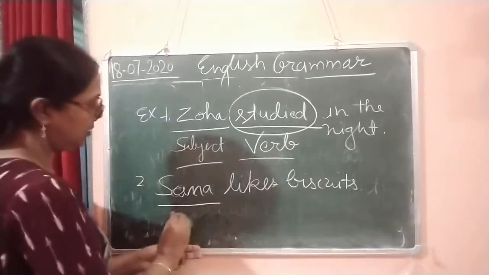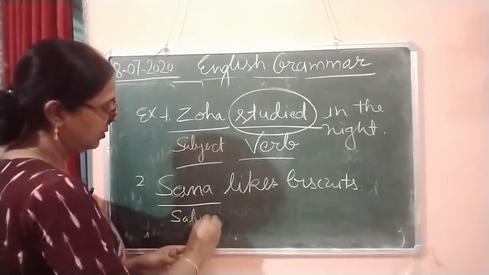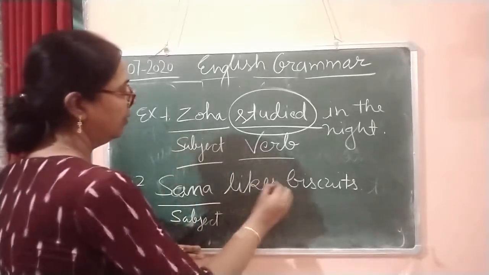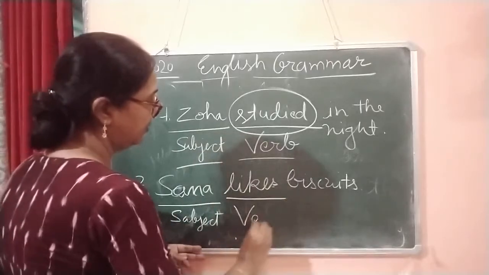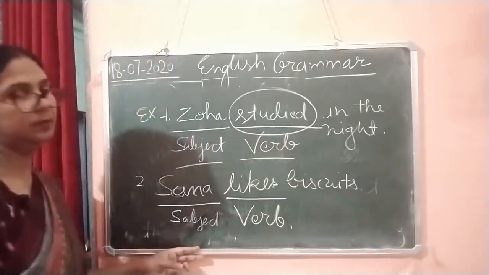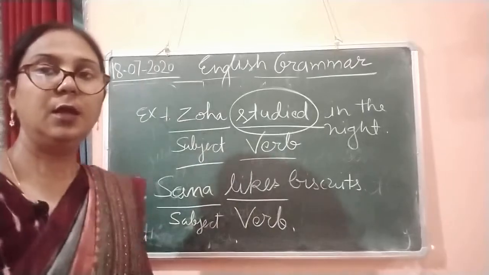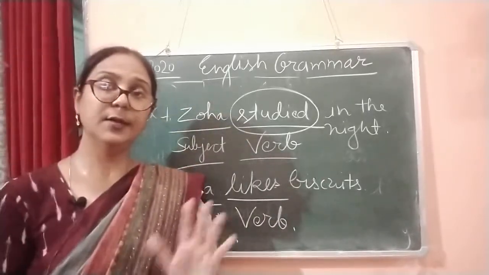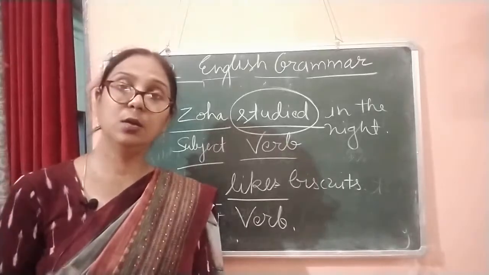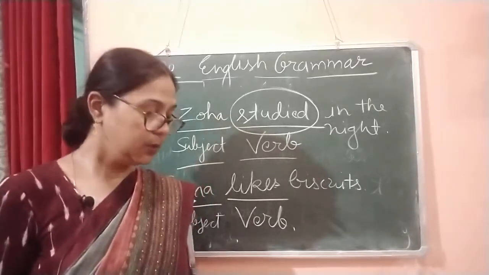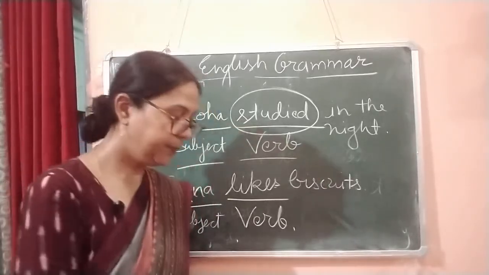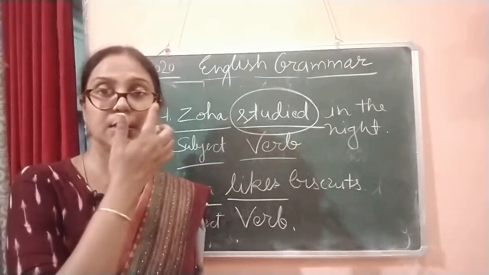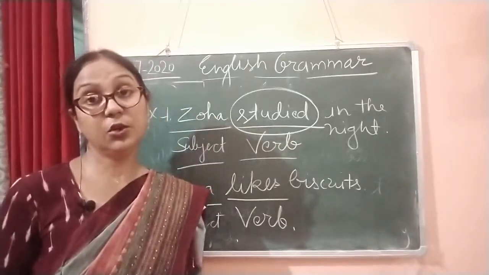So Sana here is the subject, and likes is the verb. So many times we cannot form a sentence without a verb.